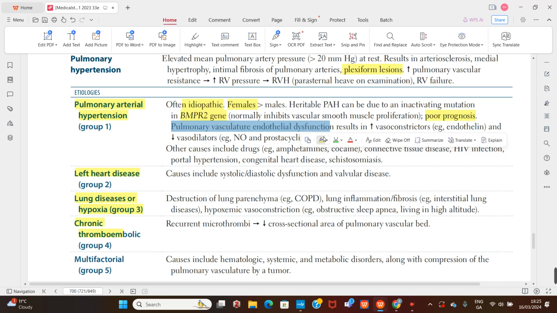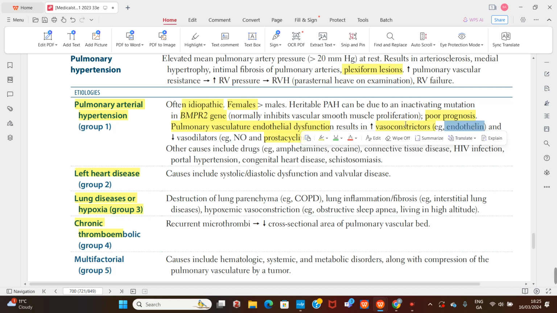So there is more expression of the vasoconstrictors like endothelin, and reduced expression of the vasodilators, which are nitric oxide and prostacyclin. Prostacyclin is a pulmonary vasodilator, nitric oxide is a pulmonary vasodilator, while endothelin is a pulmonary vasoconstrictor.